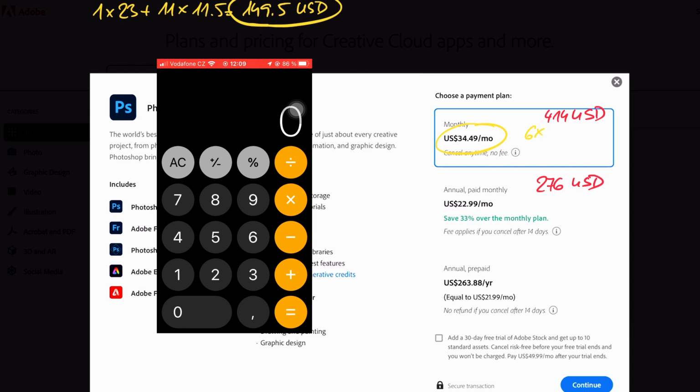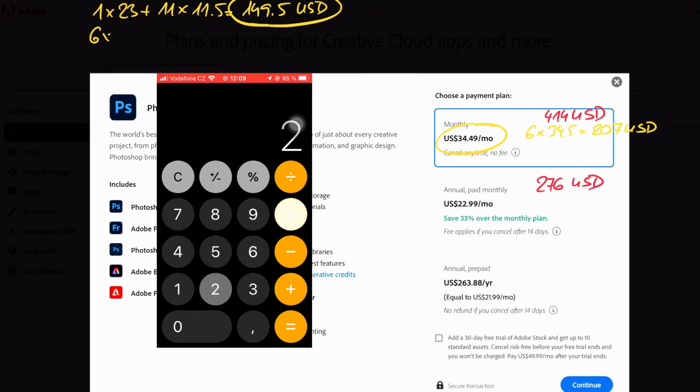Now let's assume that the consumer decides to cancel after half of the year, so after 6 months. He is going to pay 6 months at $34.50. That's $207. How much is he going to pay if he has the annual plan, which is canceled after half the year? He's going to pay 6 months at $23 plus 6 months at $11.50.